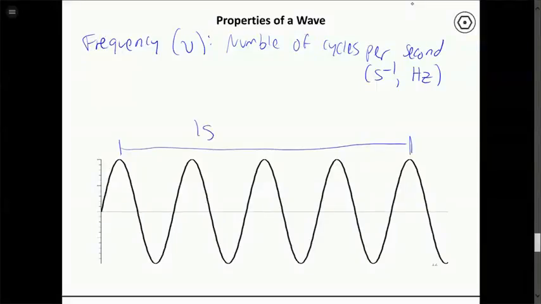The frequency is then the number of cycles that oscillate through that 1 second. We have 1, 2, 3, 4 complete waves in the span of 1 second. So the frequency would be 4 inverse seconds, which we would also write as 4 hertz. That's the definition of frequency, the number of cycles that go by in 1 second.